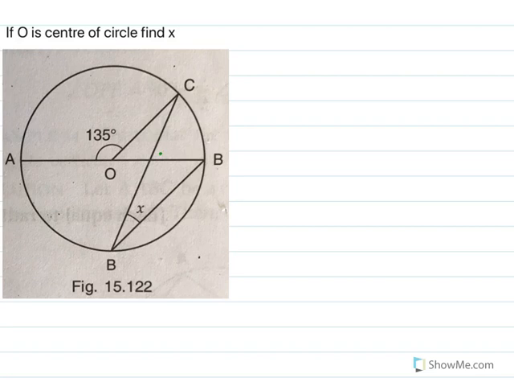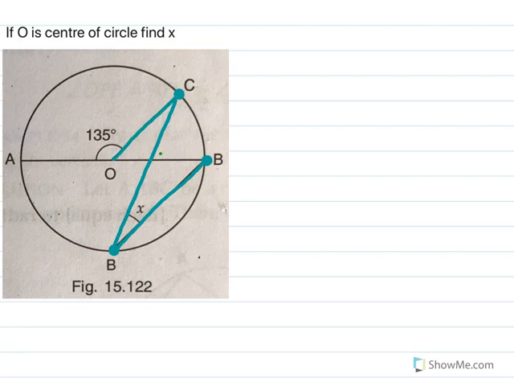Now this is an interesting sum. So we are given 135, we need to find x. Now let's trace x. So this is angle x. It is the angle at the circle. Now which is its corresponding angle at the center? So from the same points B and C, we go to the center.